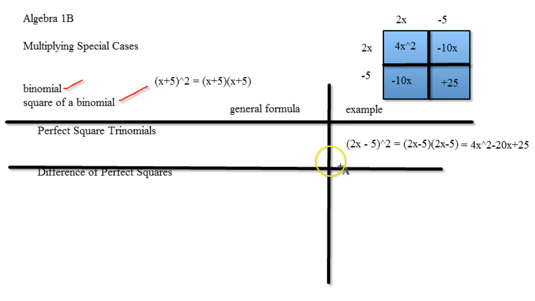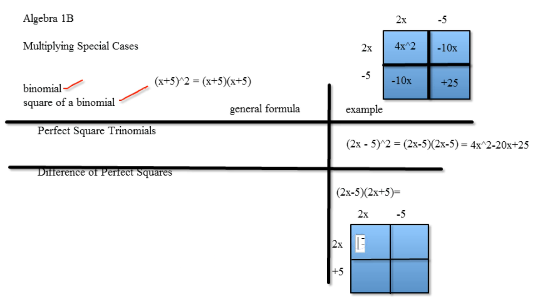Okay, so this is going to become 4x squared minus 20x plus 25. Alright, and then we'll do an example of a difference of perfect squares. Now we're going to do the same exact thing, except difference of perfect squares is going to have one with a plus, one with a minus, otherwise they're twins. Okay. So we multiply again. Now we're going to get the same exact terms for here and here, except this one's going to be minus now instead of positive 25.